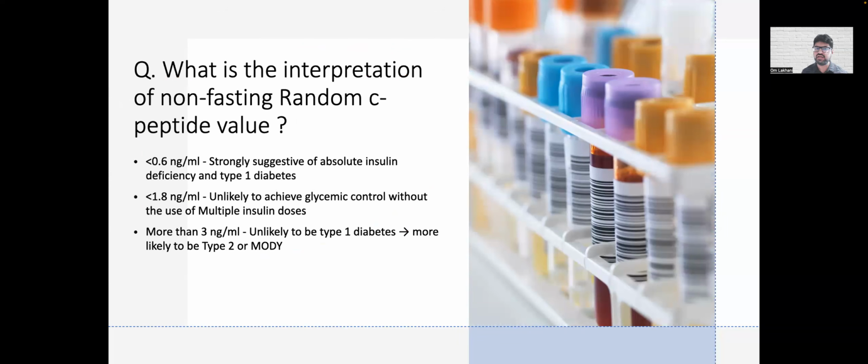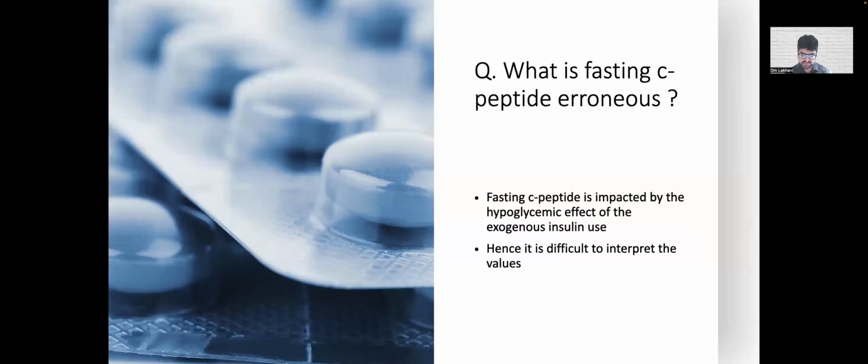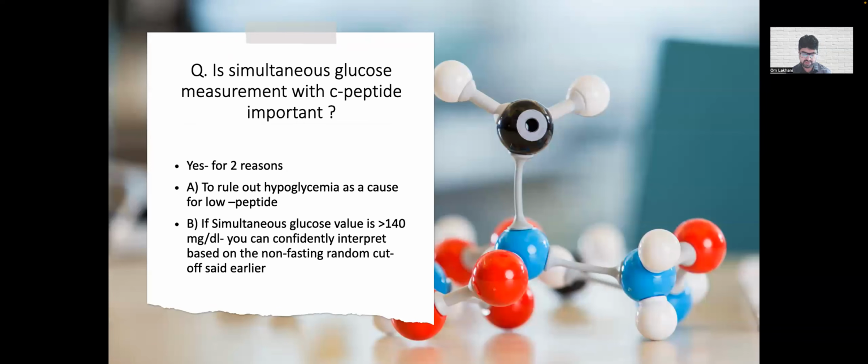Okay, so how do you interpret a random C-peptide? Now, this is the point I would really like to make. It is very, very important that you simultaneously measure the glucose value in the lab. So if you are trying to interpret a random C-peptide, a simultaneous glucose is necessary.